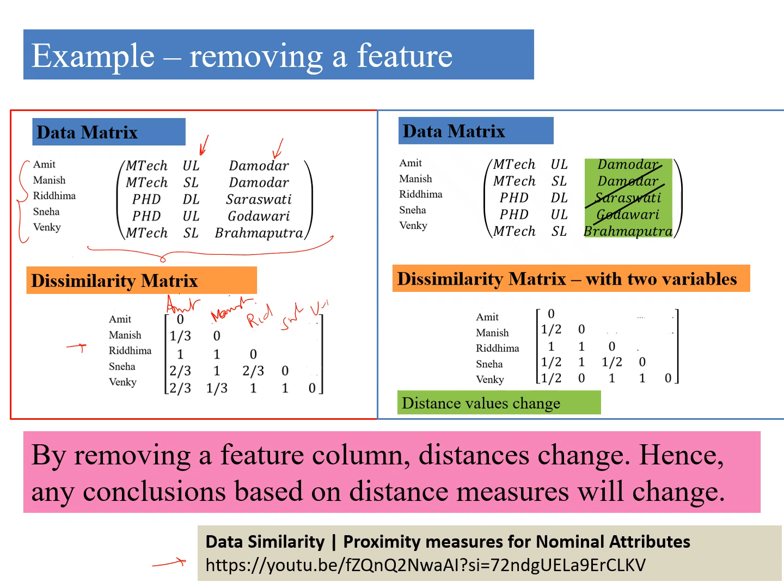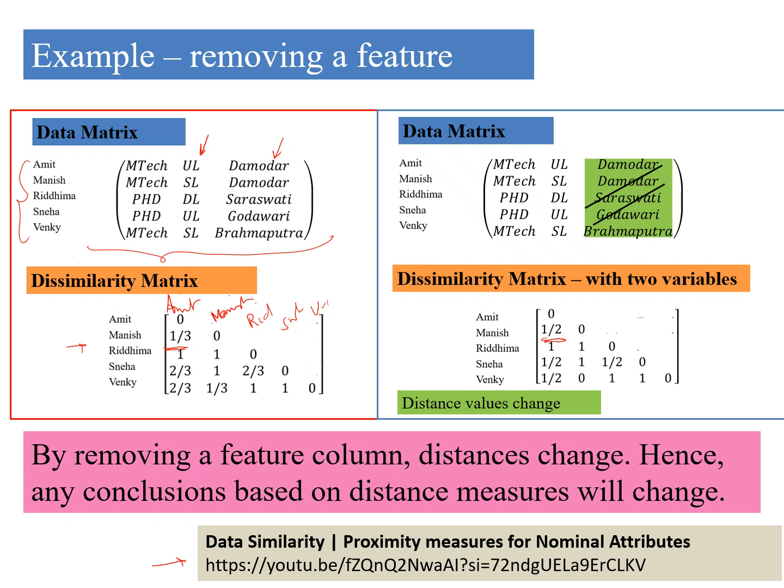So this is the n cross n distance matrix. Similarly, after removing a column, we have again computed the distance matrix and we can see that values are different. See, the distance of Amit with Manish is 1 by 3 here, while it has increased when we remove a column.